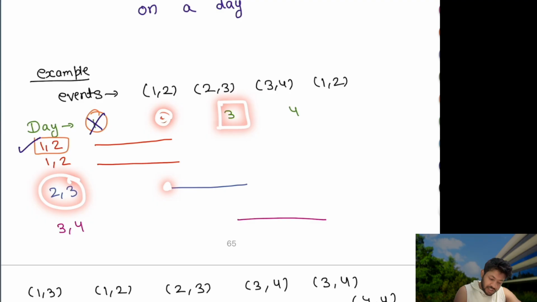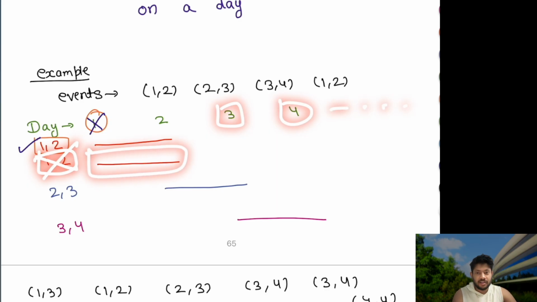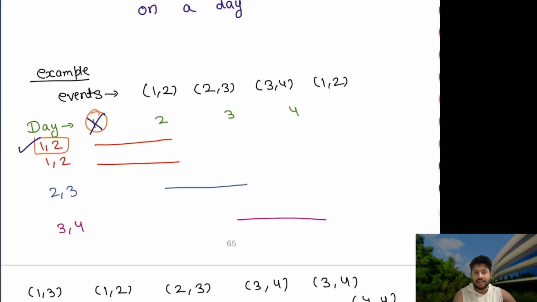Now on day number 3, I cannot attend this event anymore. On day number 3, day number 4 and further days, this event is already expired or already ended, right? And I have not attended this. So it was ending on day number 2.